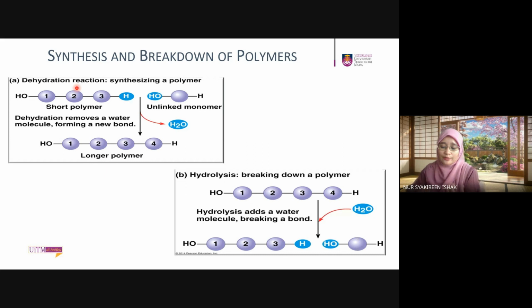We have four macromolecules: protein, carbohydrates, lipid, and nucleic acids. Apart from lipid, protein, carbohydrates, and nucleic acids all have monomers, and these monomers are joined together to form a polymer.